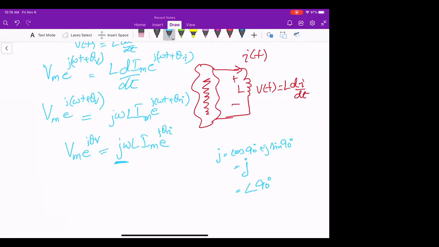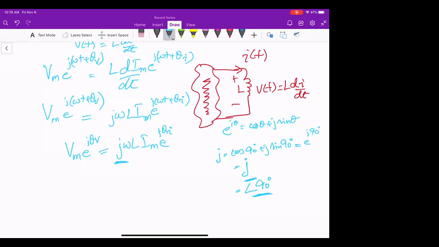Let me see what Euler's identity we have defined before. Euler's identity was e^(j theta) equals cos theta plus j sin theta. So if you have e^(j 90), you can write it as cos 90 plus j sin 90, where e^(j 90) is equal to j, which makes theta due to j 90 degrees.